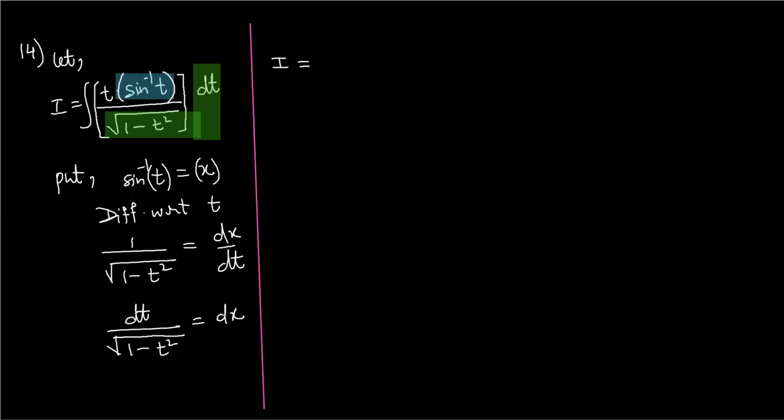I want to write the integral in x. So in x, dt upon root of 1 minus t square is dx. And then sine inverse t is x. I have written for this, but t is still left. So t has to be written in x. And what is t equal to? t is sine x. You will get the value of t from the substitution that you had made earlier. Sine inverse t, you take it as x, so t is sine of x.